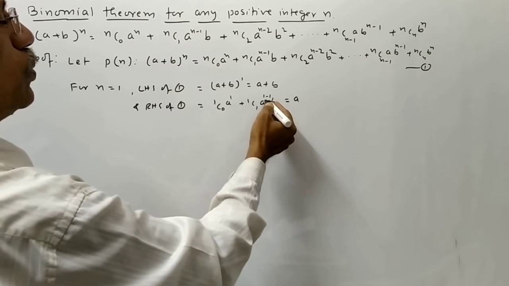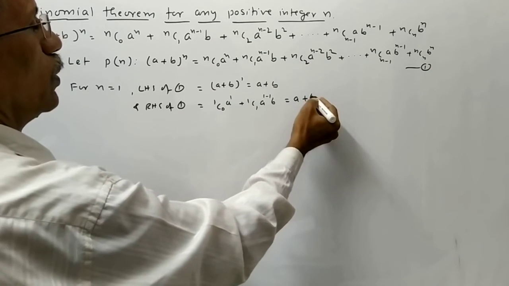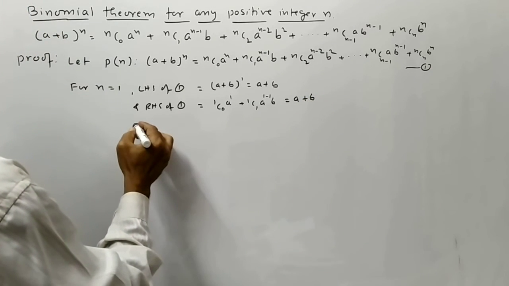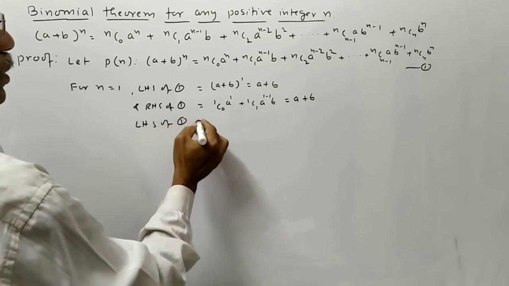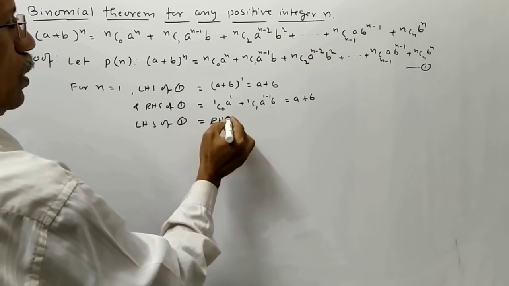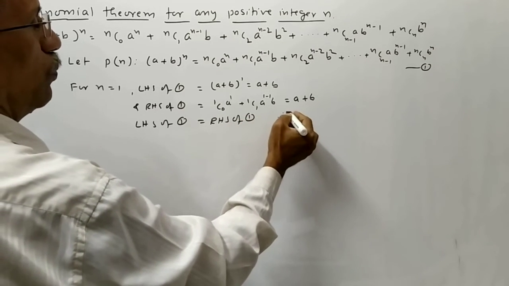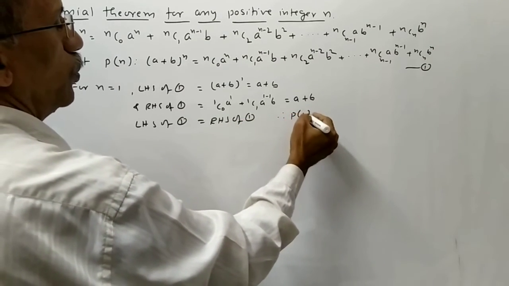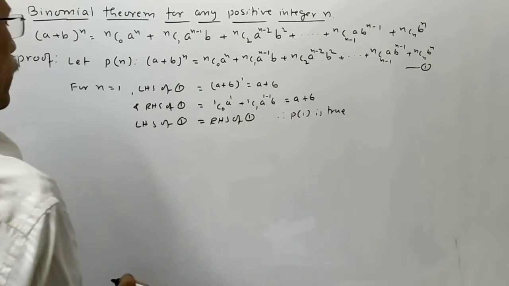A raised to the power 0 is 1 into b, which means plus b we will get. LHS of 1 is equal to RHS of 1. Therefore, P of 1 is true.